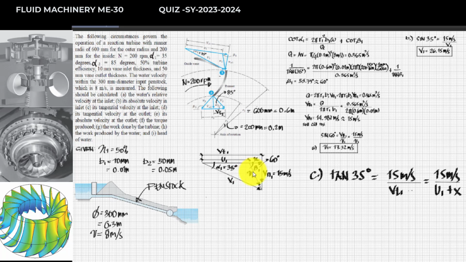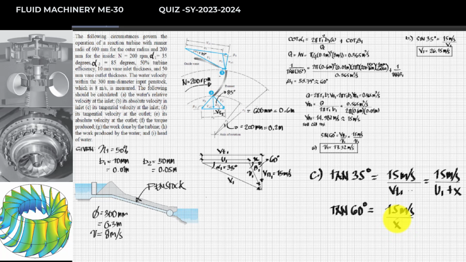I can also rewrite the value of this one, since we also have a given angle here. I have my tangent of 60 degrees, equal to the opposite, 15 meters per second, all over the adjacent, which is x.